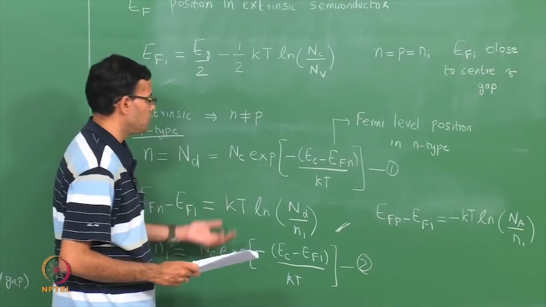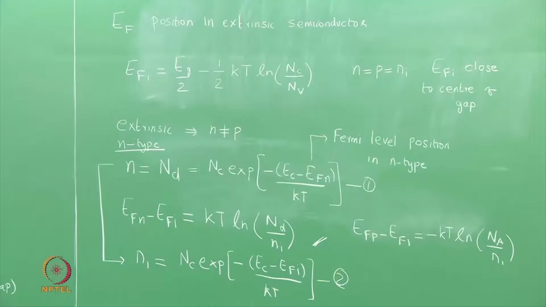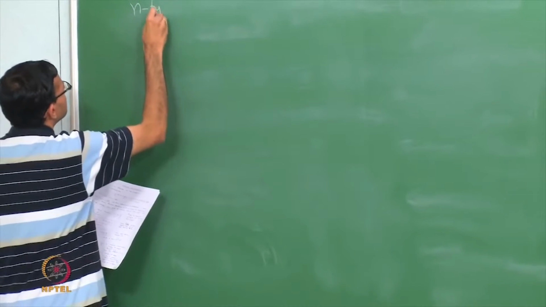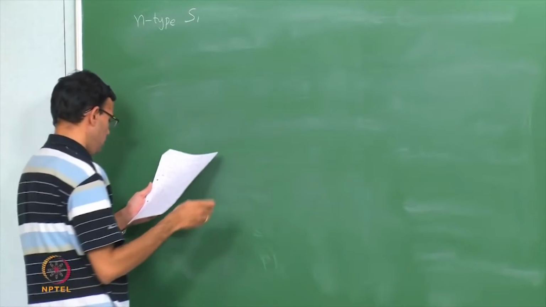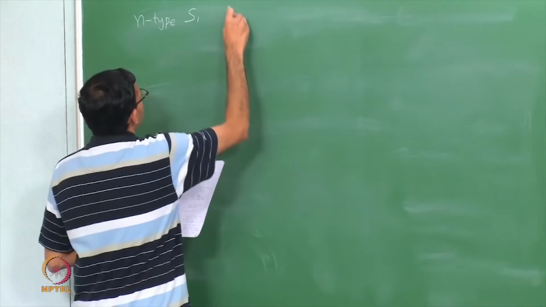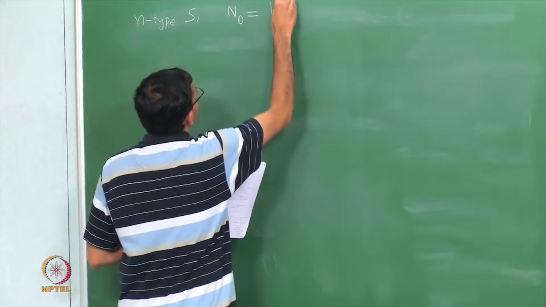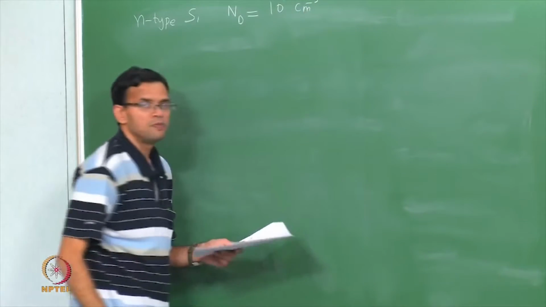So, let us do some numbers to get a sense of where the Fermi level is located. Let us take n type silicon with Nd around 10 to the 15 per centimeter cube.